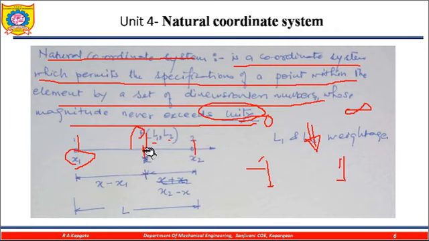The distance of this one is x minus x1, and this one is x2 minus x1. So this is x2 minus x, and this one is x minus x1, because this is x, and this total distance is L.